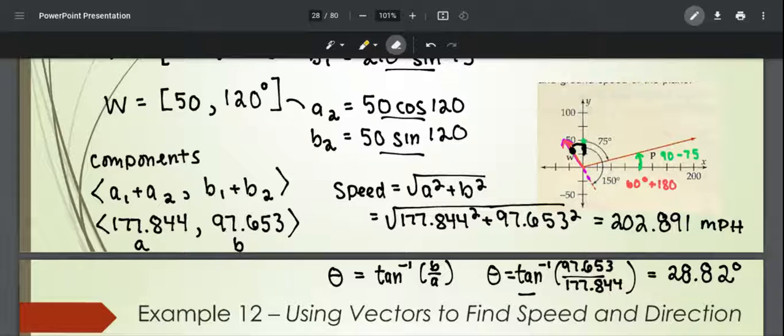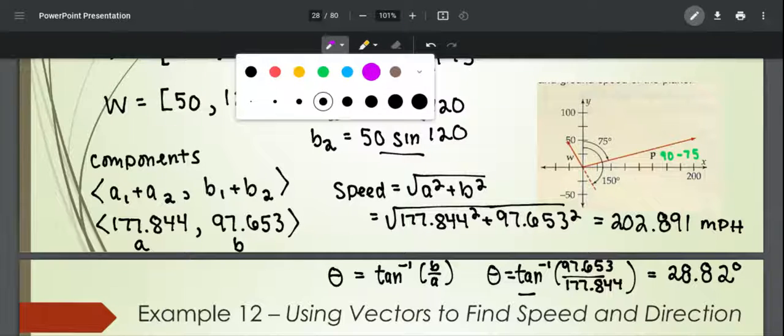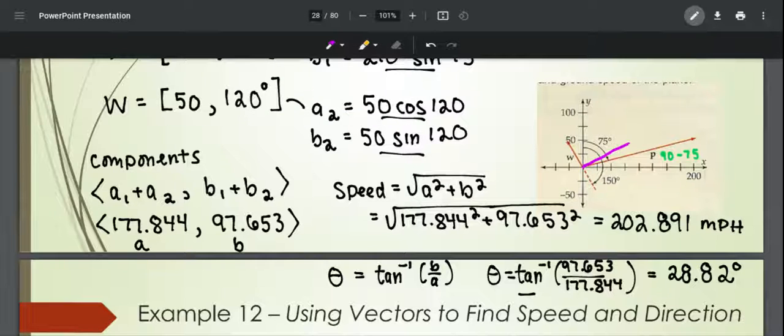So this 28 degrees represents this vector right here, and the angle from here to here is 28 degrees. But we need to tell the pilot the navigational direction, which would be from the north to this vector.